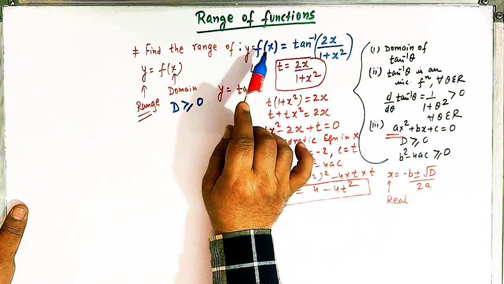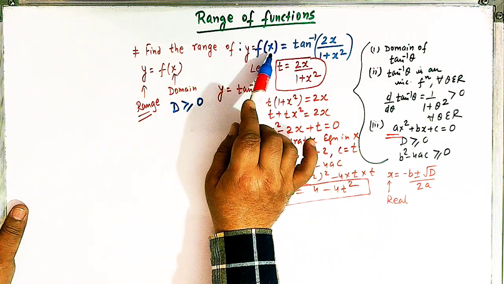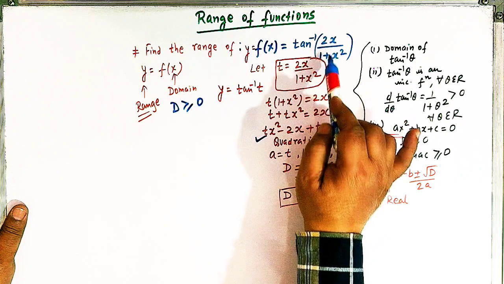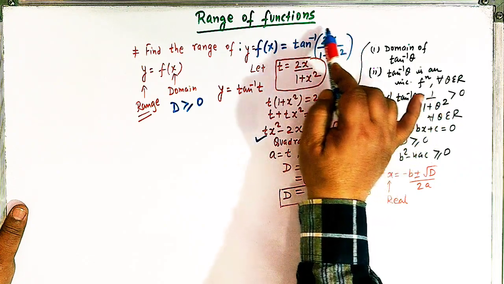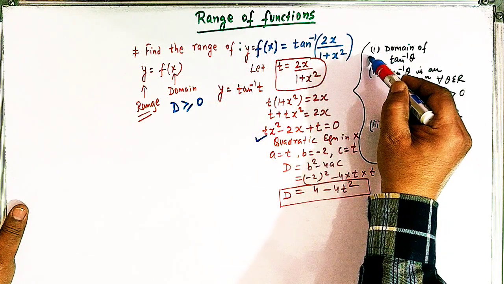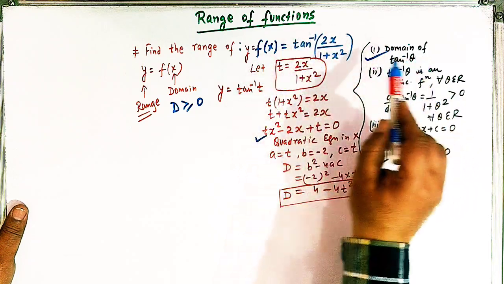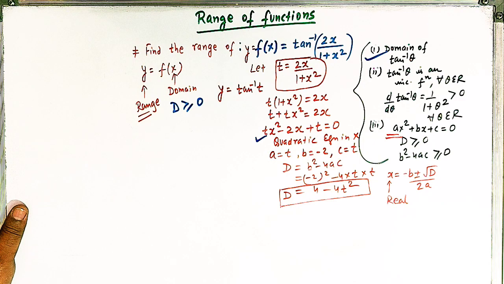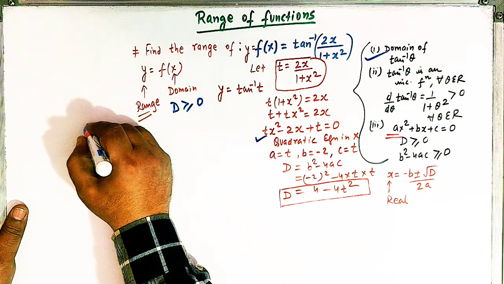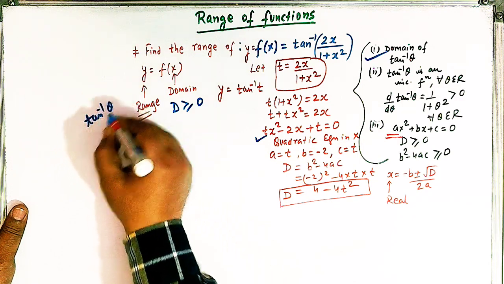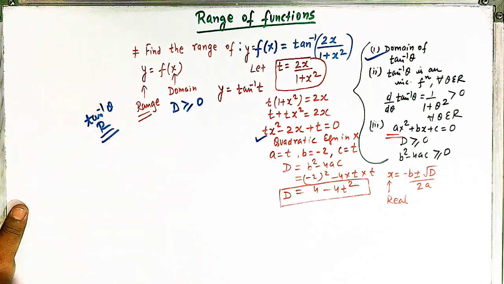And in the original function we have y is equal to f of x is equal to tan inverse of 2x over 1 plus x square. So the domain of this inverse tan function must be the set of real numbers, right? So the domain of tan inverse theta is the set of real numbers.